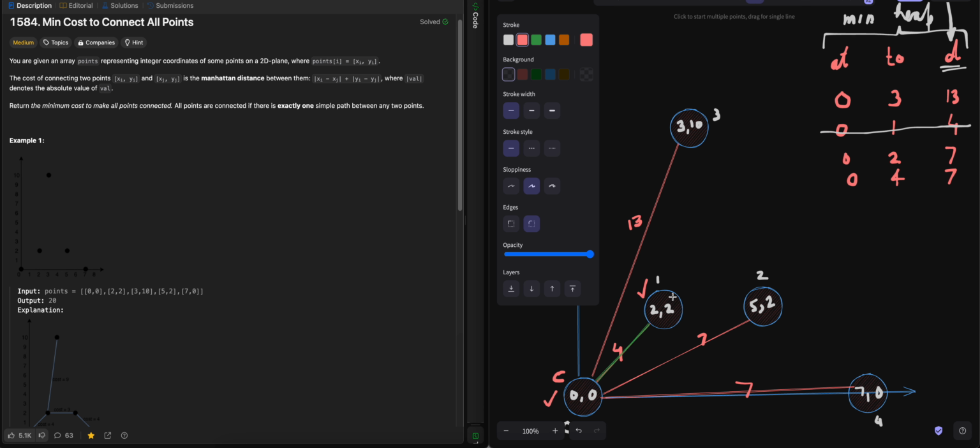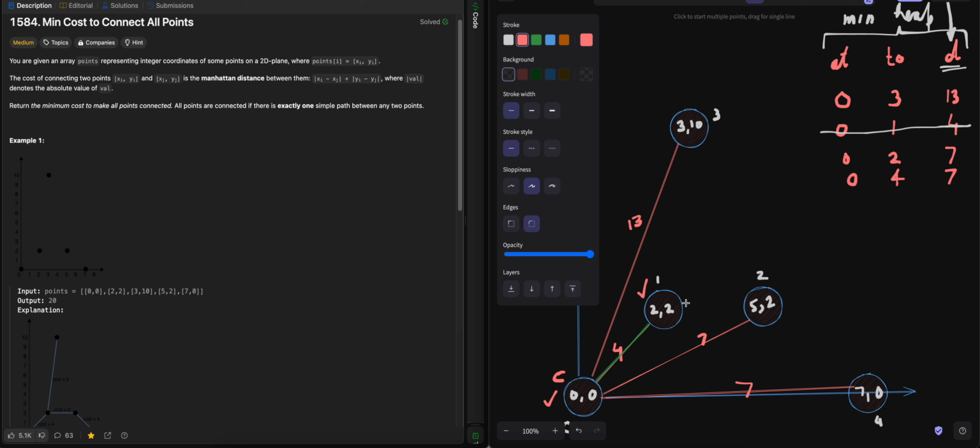From this node we check the 0th node, which is already visited, so we are not going to check it.